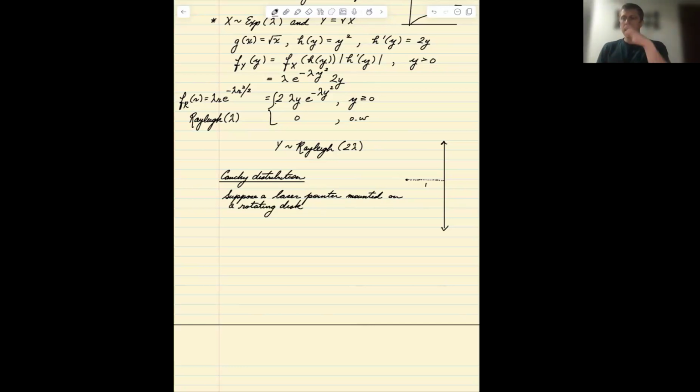So it's rotating kind of 90 degrees in either direction, 180 degrees of movement. The center of the disc is 1 unit away from the wall. And the wall has infinite length.